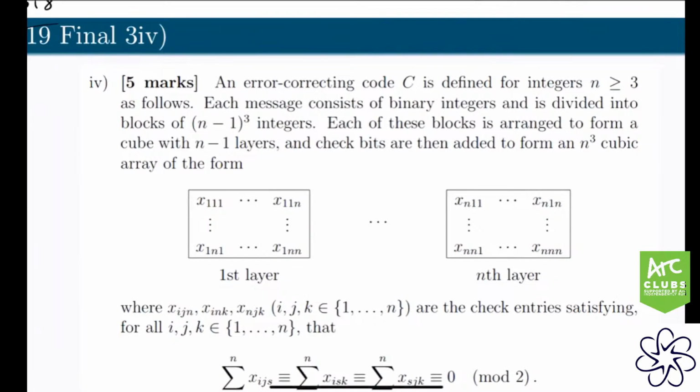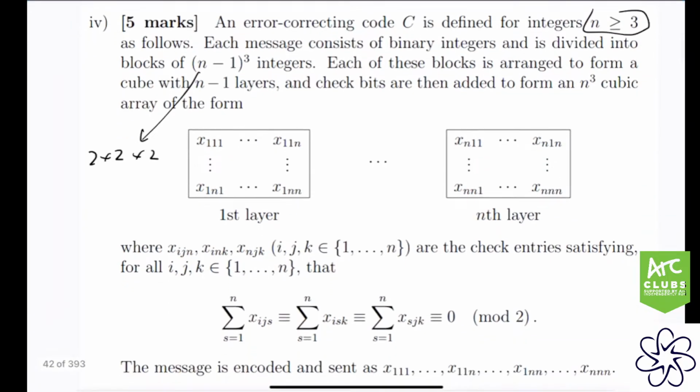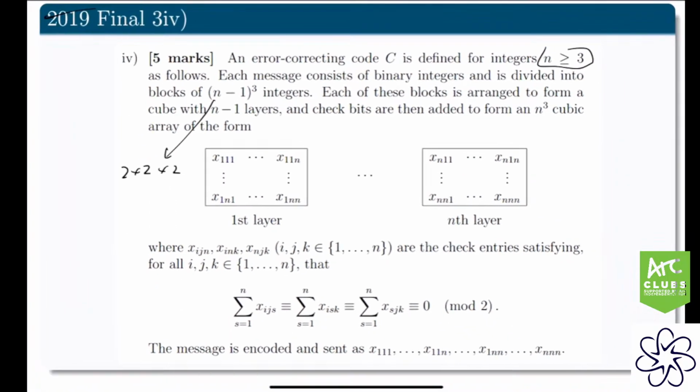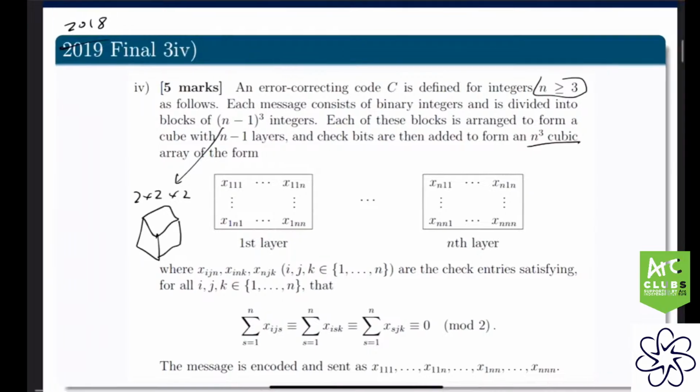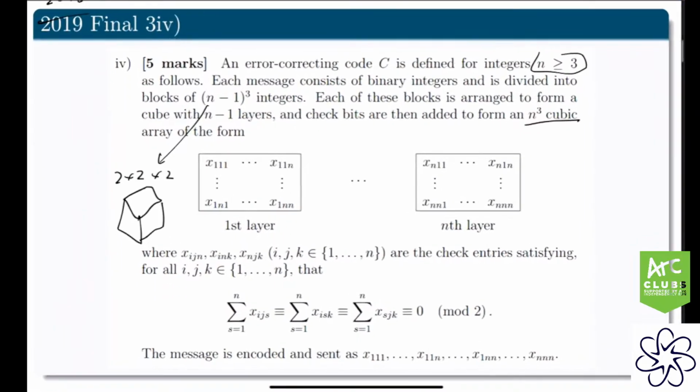So it says n has to be greater or equal to 3, so this could be at most 2 by 2 by 2 integers. And if you see what it's hinting at here, it's going to be a cubic array, so 3-dimensional. So we're saying that we can have a message with smallest 2 by 2 by 2 cube.